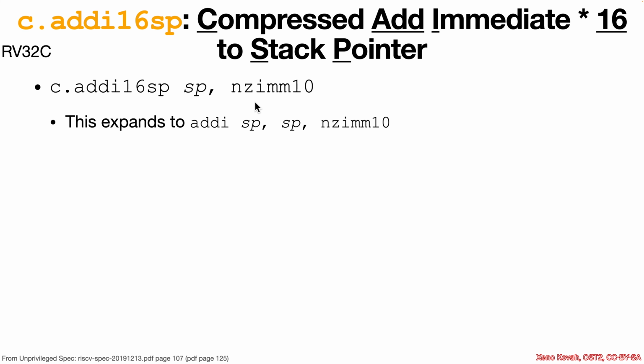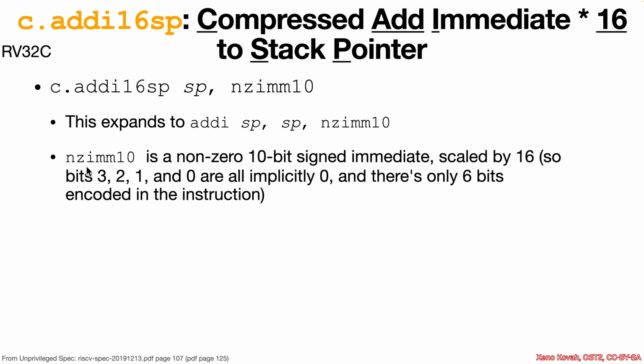We don't have a U there for unsigned. So that expands to this, and so we know how add-I behaves, so we would do SP plus this sign extended 10-bit value, and it has to be non-zero. That's just a little caveat there. So SP plus sign extended 10-bit value, store the result back into SP.